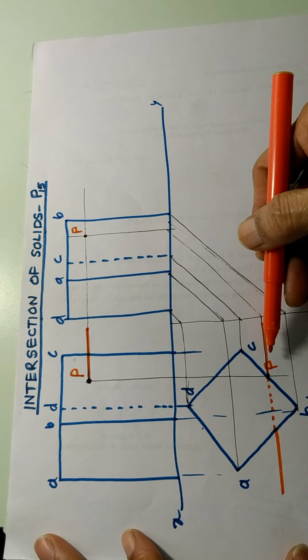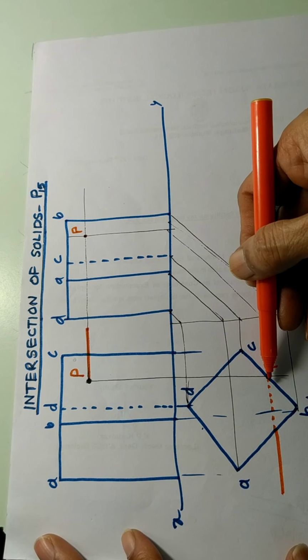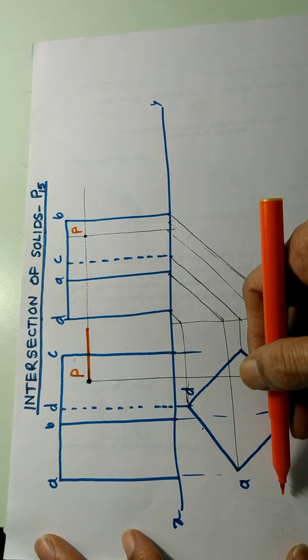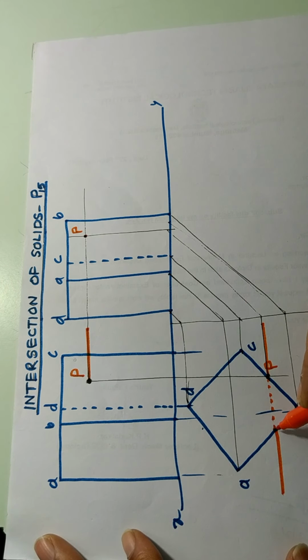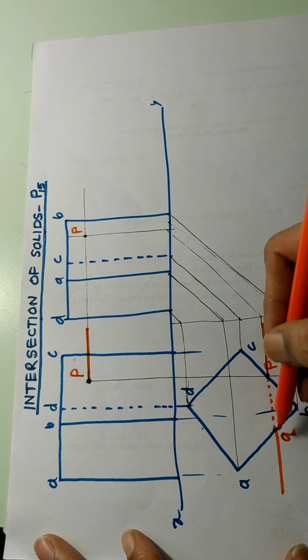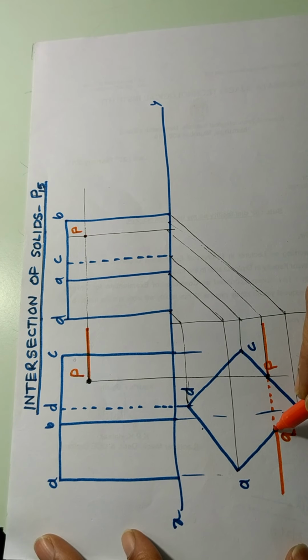This is what will happen. That means this line which has come and touched the prism at P, if you try to continue further, then it will come out from the prism on the other side at point Q. So the line PQ will be going into the prism, touching the prism at points P and Q.